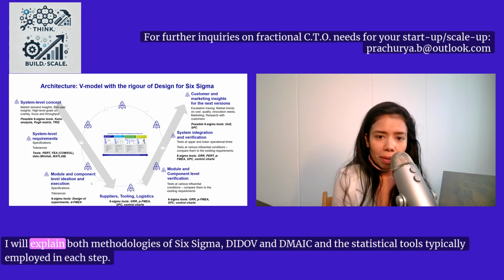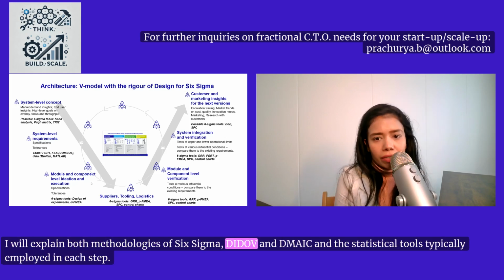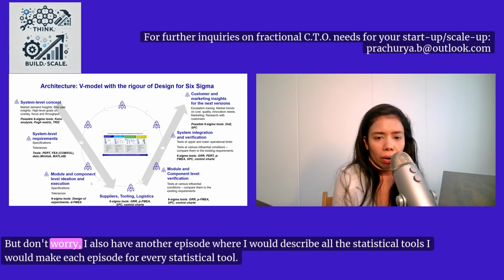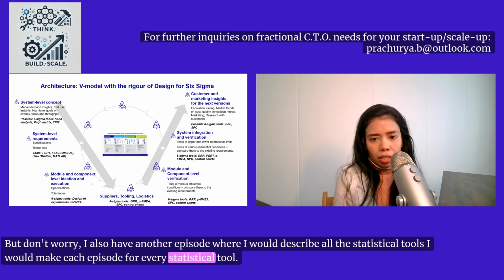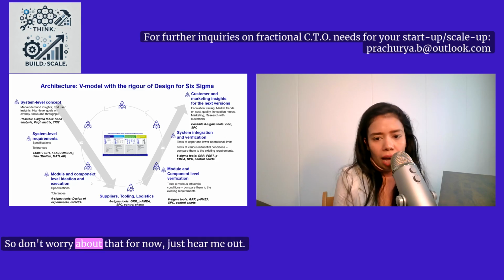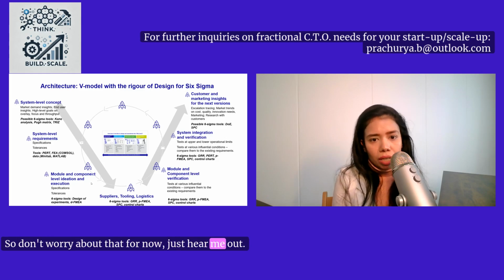I will explain both methodologies of Six Sigma, DIDOV and DMAIC, and the statistical tools typically employed in each step. But don't worry, I also have another episode where I would describe all the statistical tools. I would make an episode for every statistical tool. So don't worry about that. For now, just hear me out.